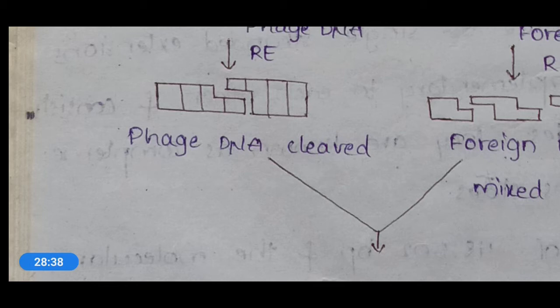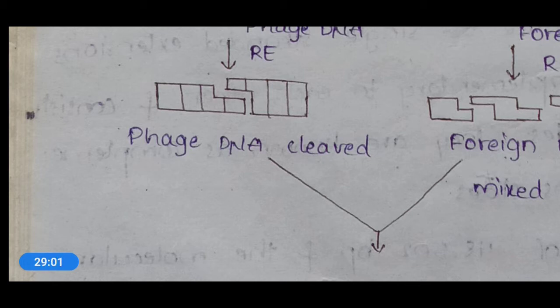end a cohesive end. And after cleavage these cohesive ends will be formed and both the cohesive ends will be complementary to each other. Okay, and these cohesive ends will be around 12 nucleotide bases.